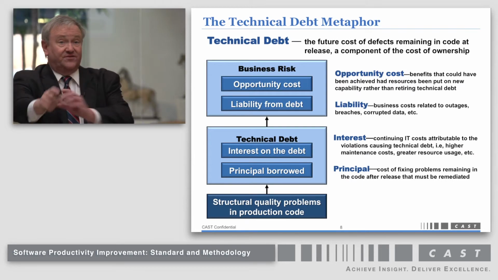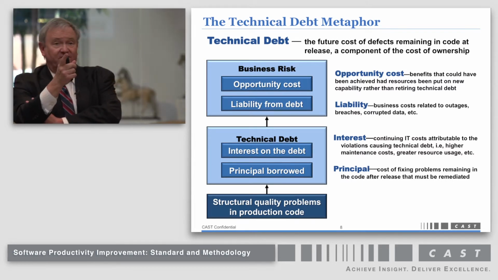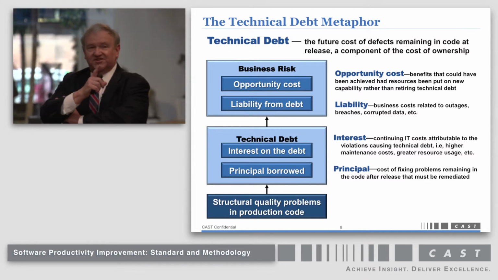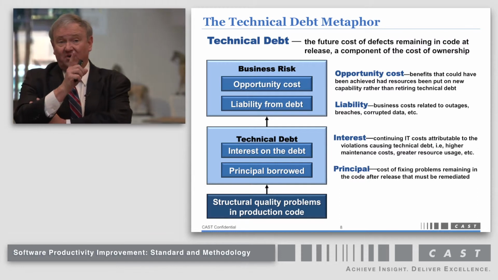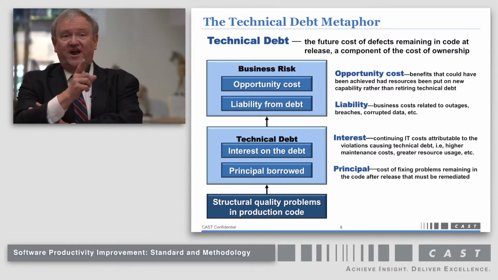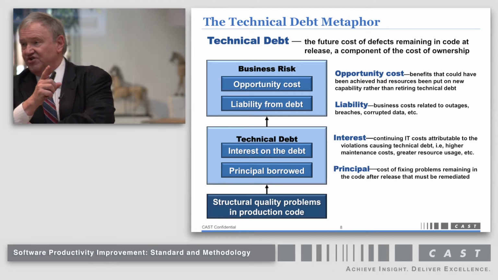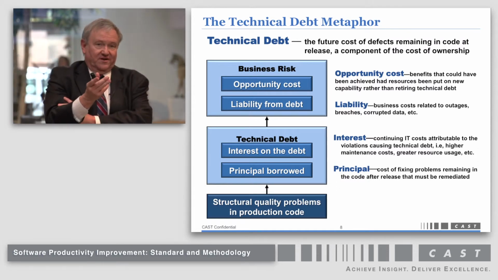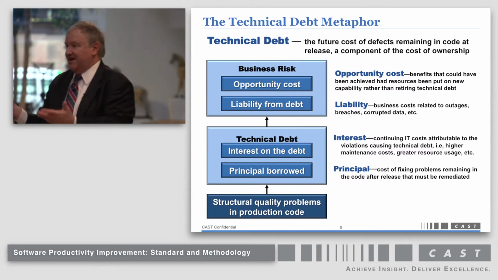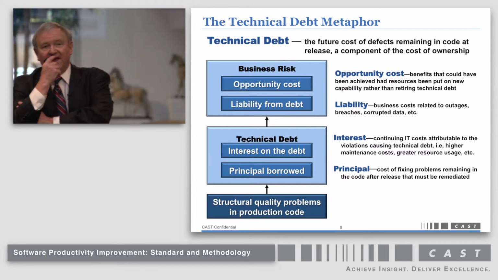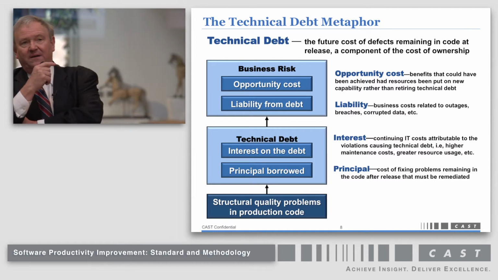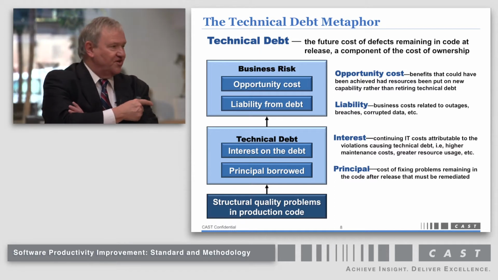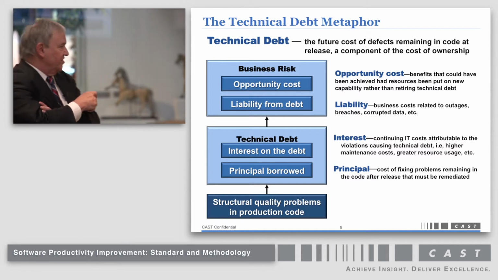So now, to carry further the financial metaphor, there's also business risk. This is where we bring the CFO and the CEO into it and say the bottom line is, if the system crashes and is out for 3 hours during prime retail hours, what does that cost? That's a liability. That's a business risk and a business cost tied to it. And the more time I'm spending fixing problems as opposed to developing new functionality, that's an opportunity cost.